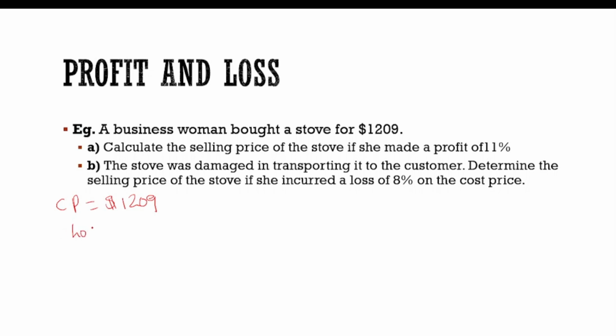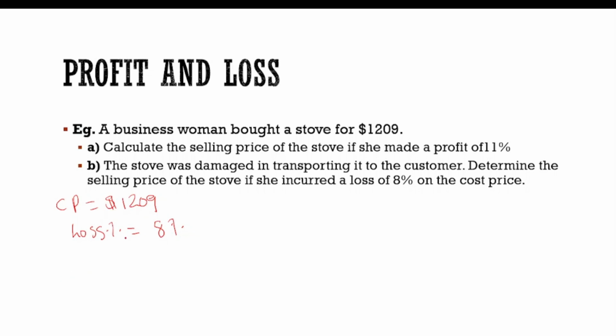And now we are told that she had a loss percent of 8. So it means that she decided to settle this situation with the customer and sell the customer the stove for a price that was less than the cost price because the stove got damaged in transport. So we need to calculate the selling price, or how much the customer actually paid for the stove after she would have made this 8% loss.